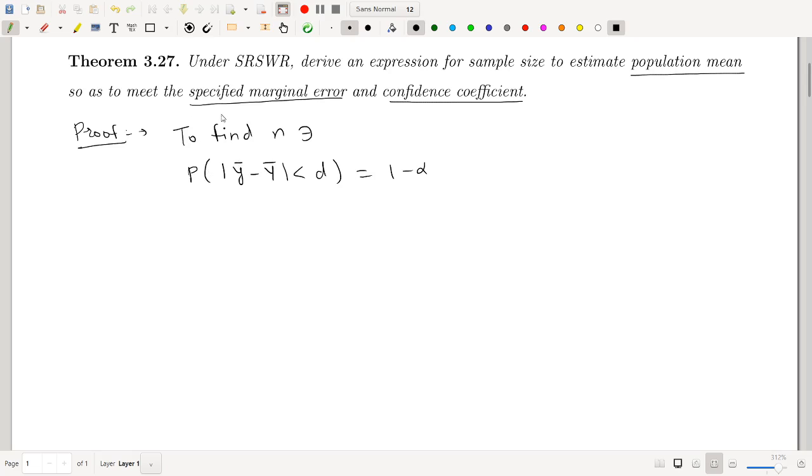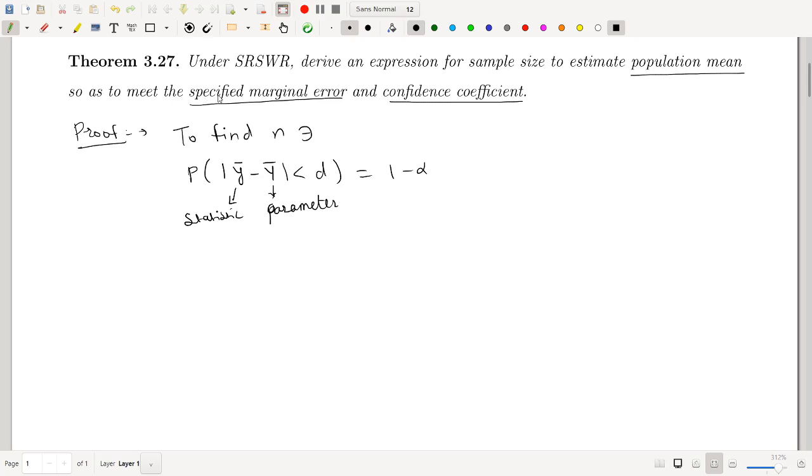Here we have to estimate the population mean. So this is your parameter, and this parameter is estimated by using this statistic. So the sample mean is an estimator of the population mean.